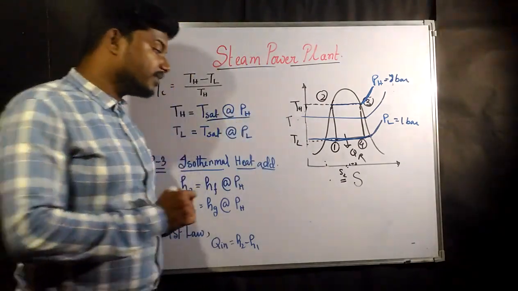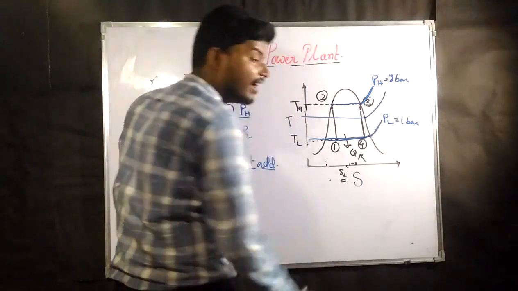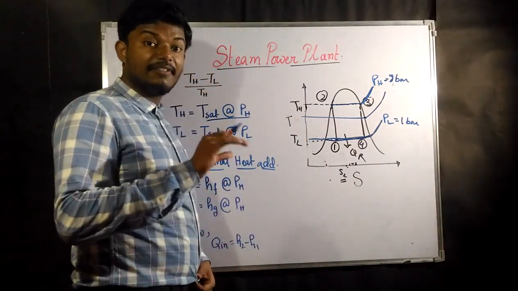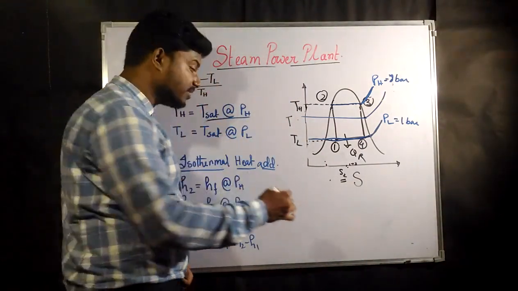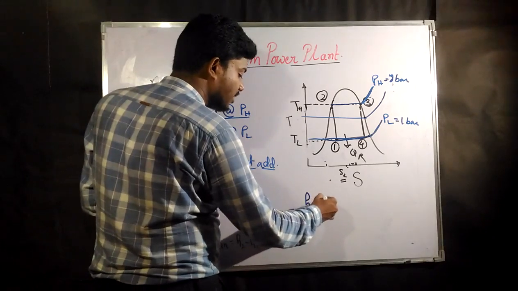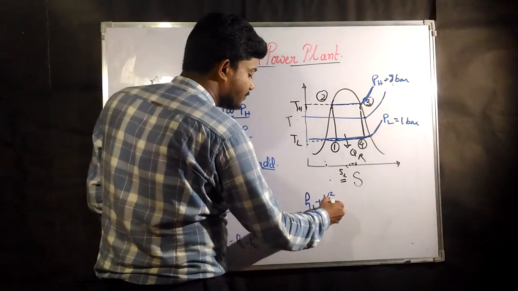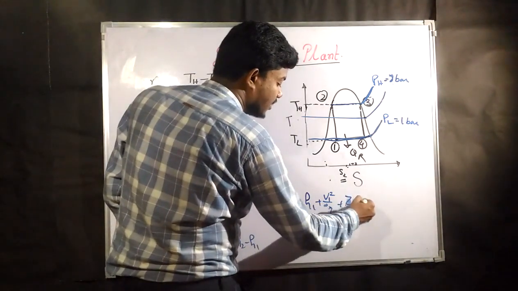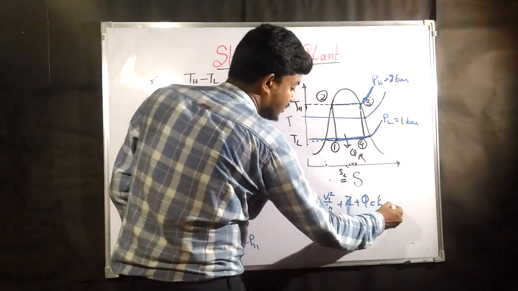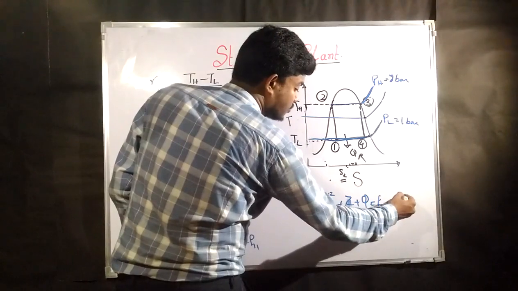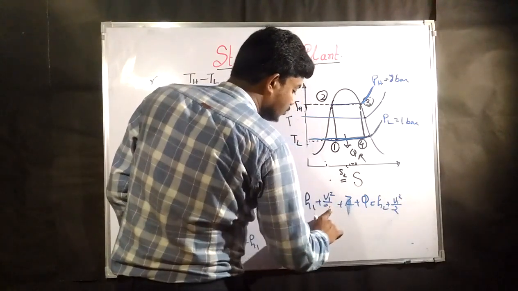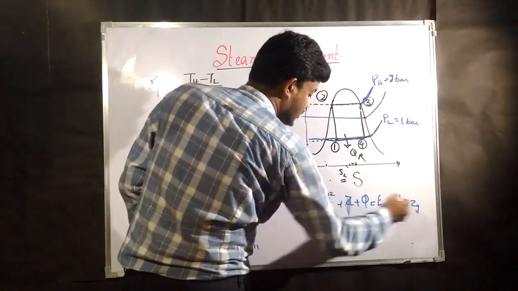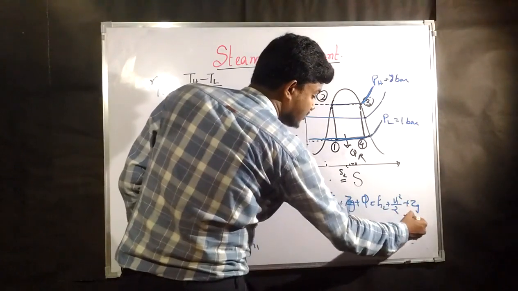The first law equation for an open system is H1 plus V1 square by 2, plus potential energy Zg, plus Q equals H2 plus V2 square by 2 plus Zg plus W.